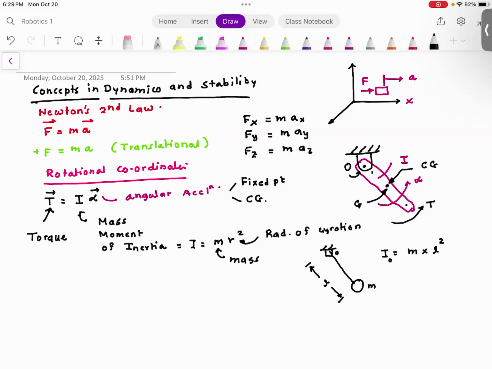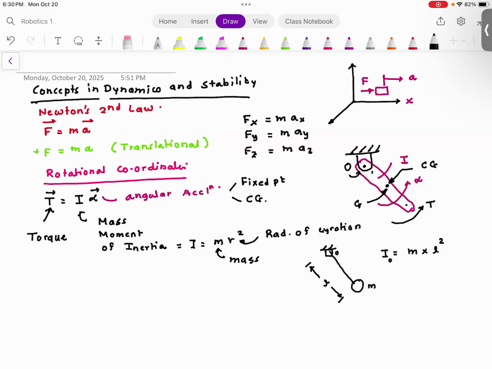So if your payload is farther from the pivot point, very important, then your moment of inertia will be large. What happens if your moment of inertia is large? The amount of torque that you need to supply to get that robot moving will be significantly large.